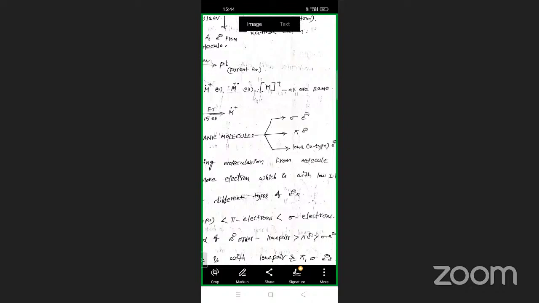How do we generate the molecular ion? The generation of the molecular ion is done by removal of an electron. While removing the electron, you generally follow the sequence of ionization potential, so the electron is removed depending on its ionization potential.